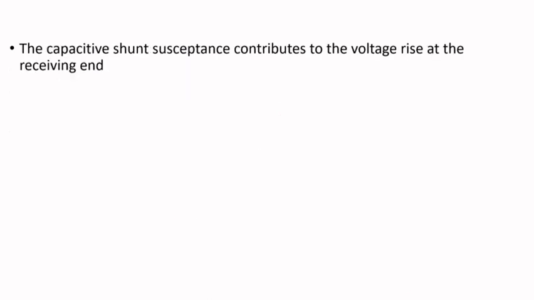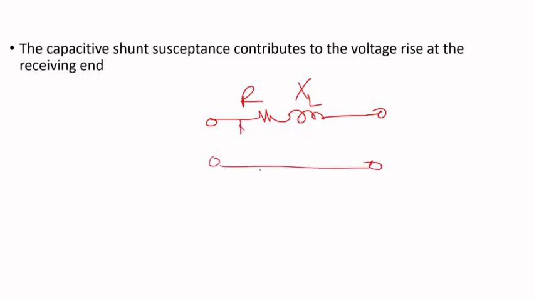The capacitive shunt susceptance contributes to the voltage rise at the receiving end, because when you model a transmission line, you have resistance and inductive reactance, but there is also the susceptance. For short lines, typically it's ignored.